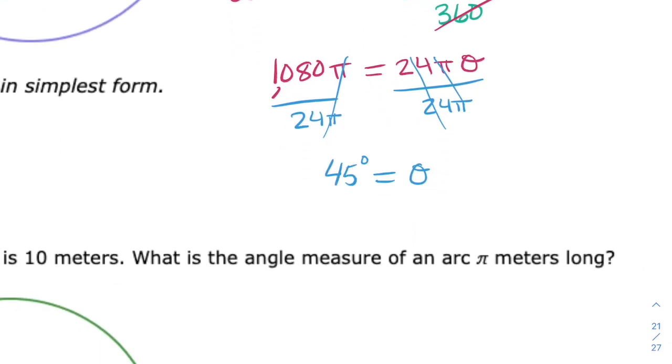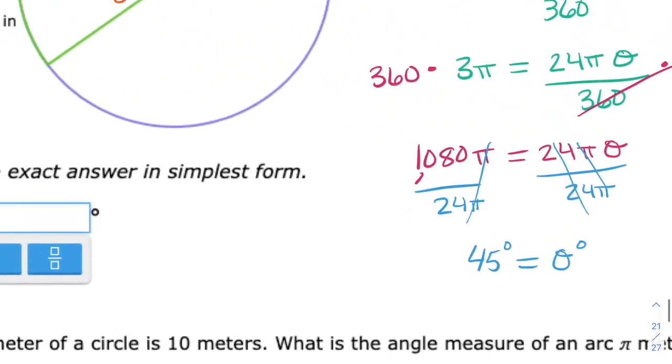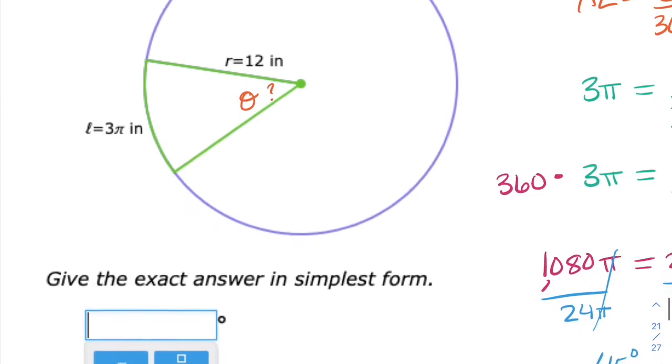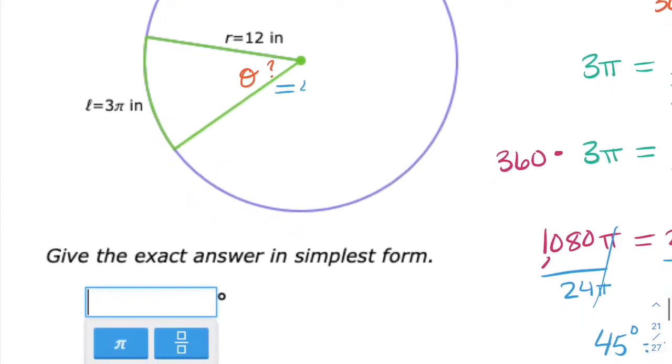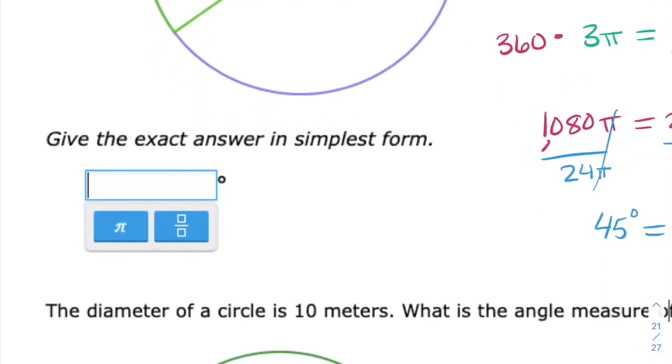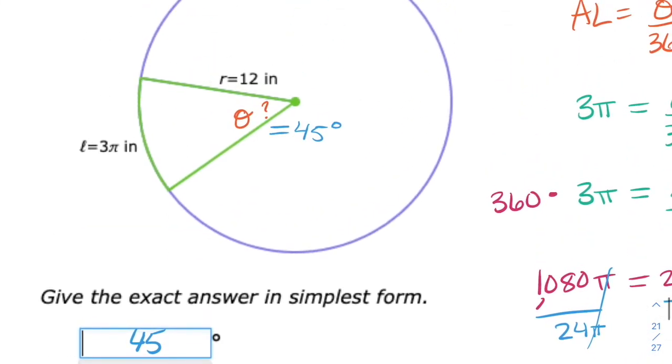So theta equals 45 degrees. So the answer would have been 45 degrees. So what we did was we worked backwards to find what degree measure would have to be here for that arc length to be equivalent to 3 pi, given that we have a radius of 12.